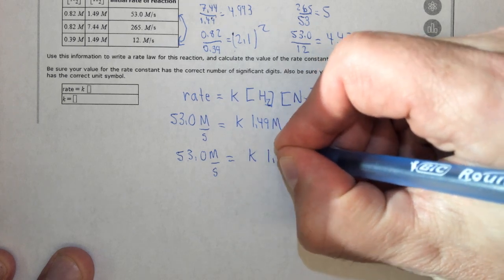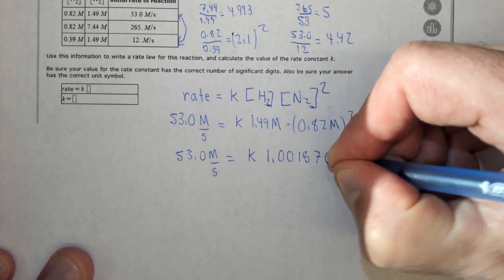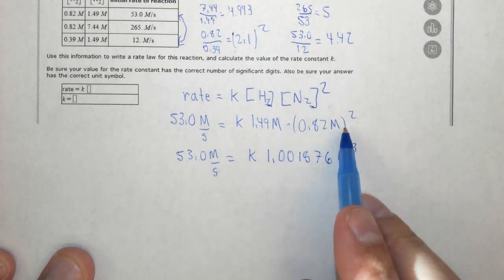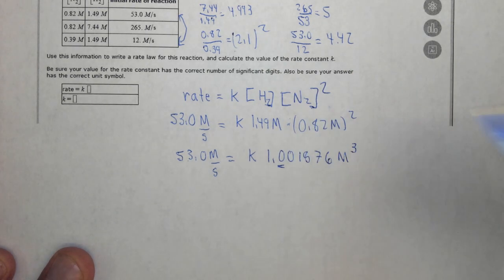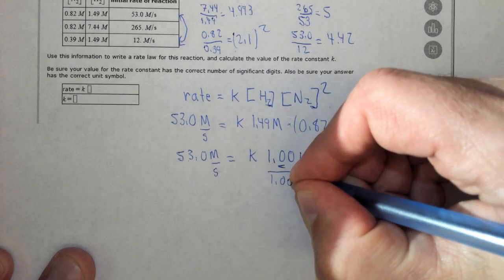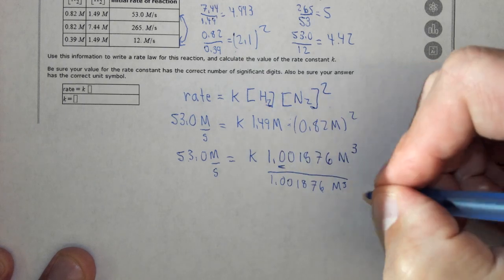which comes out to be 1.001876 M cubed, because there's an M here and an M squared here. And I care about 2 sig figs because this is 2 sig figs. Now divide both sides by this number, 1.001876 M cubed, that cancels.